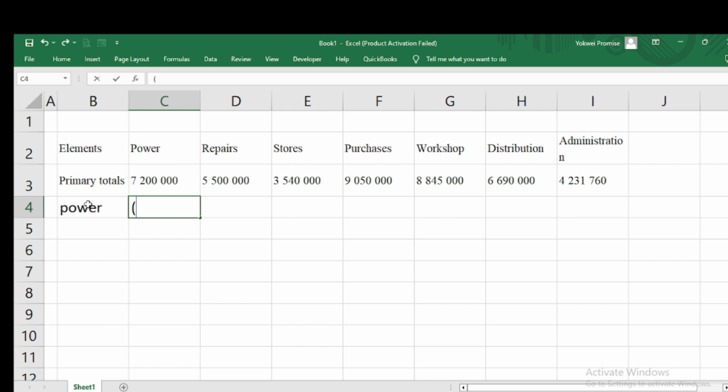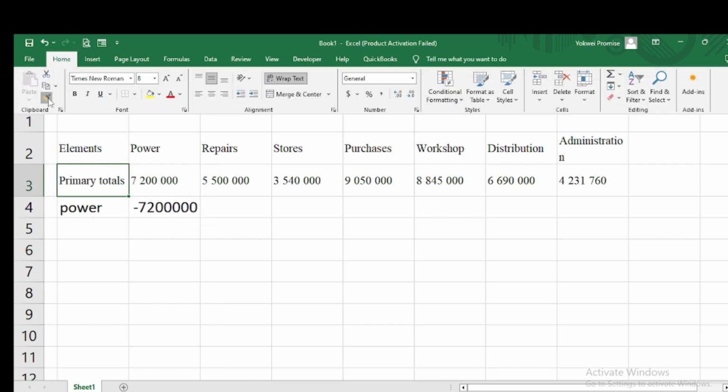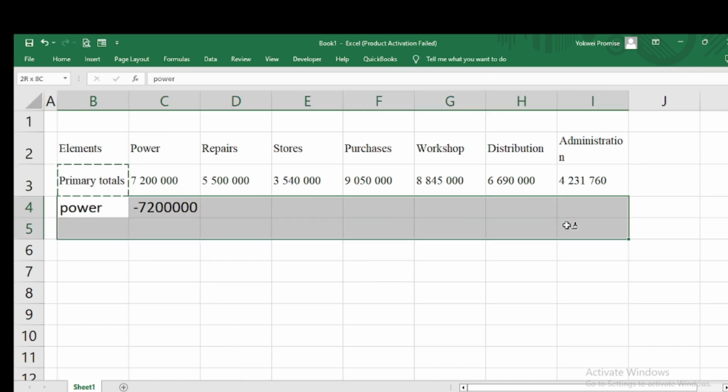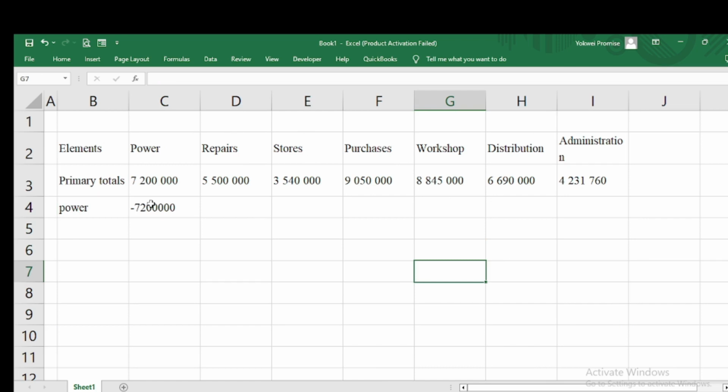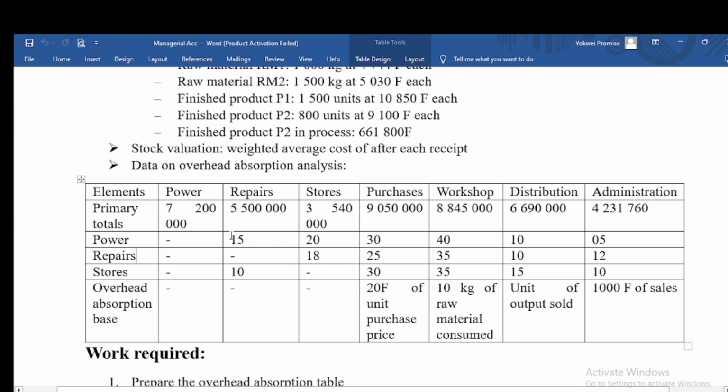So we have $7,200,000 for power, and power gives to this one at the percentage of 4.